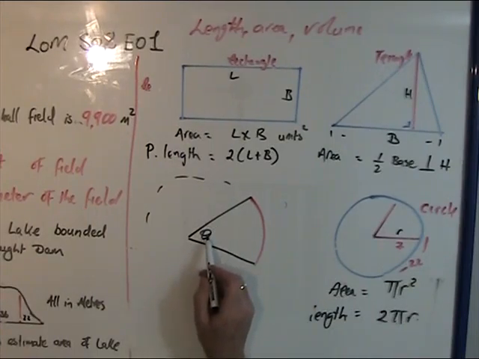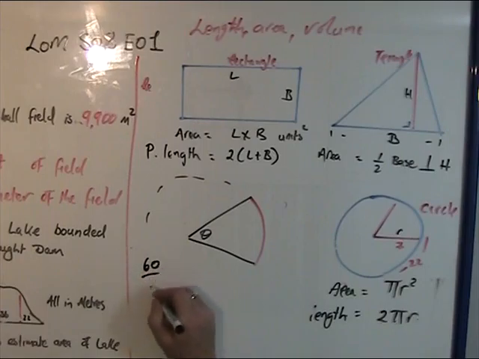Now you see that theta here. Theta is the angle. If theta is 60 degrees, it's 60 over 360, which is 1 over 6. So that sector is a sixth of a whole circle.